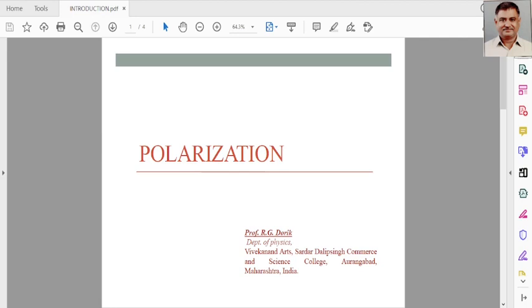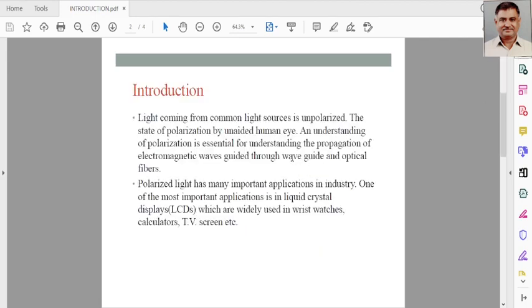See friends, in this polarization, the important one is Malus's law, in which we can see just the things which we have already discussed here in concern with polarization, that is the light which is coming from common light sources is unpolarized.